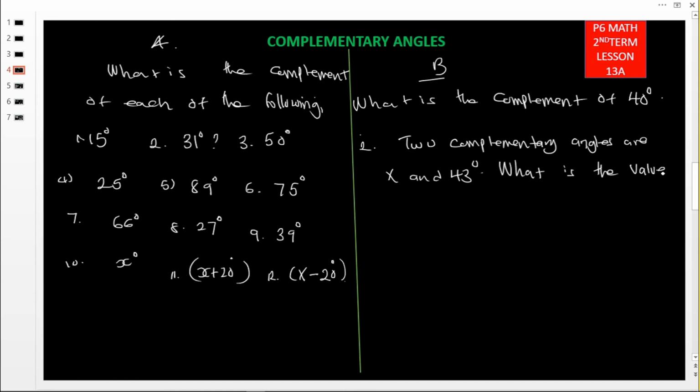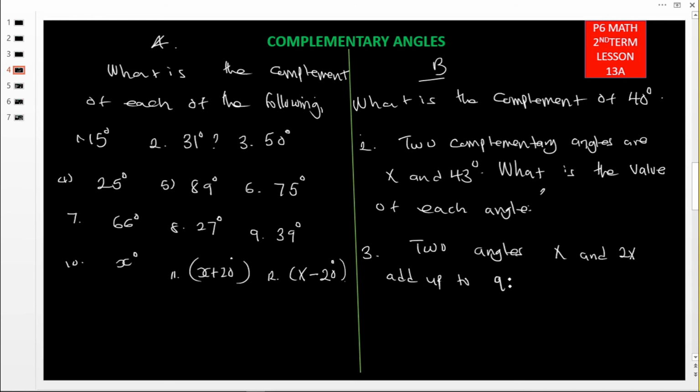What is the value of each angle? Then 3 here: two complementary angles, two angles x and 2x, add up to 90 degrees. What is the size of each angle?